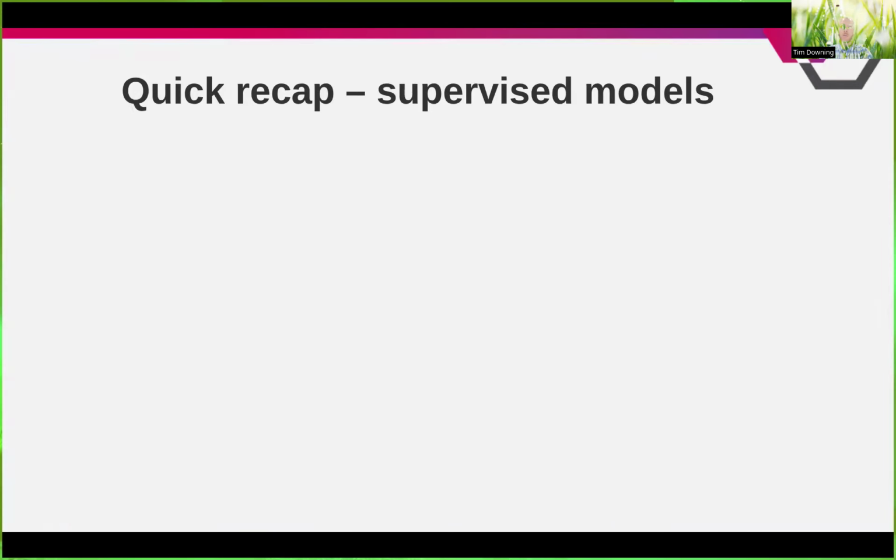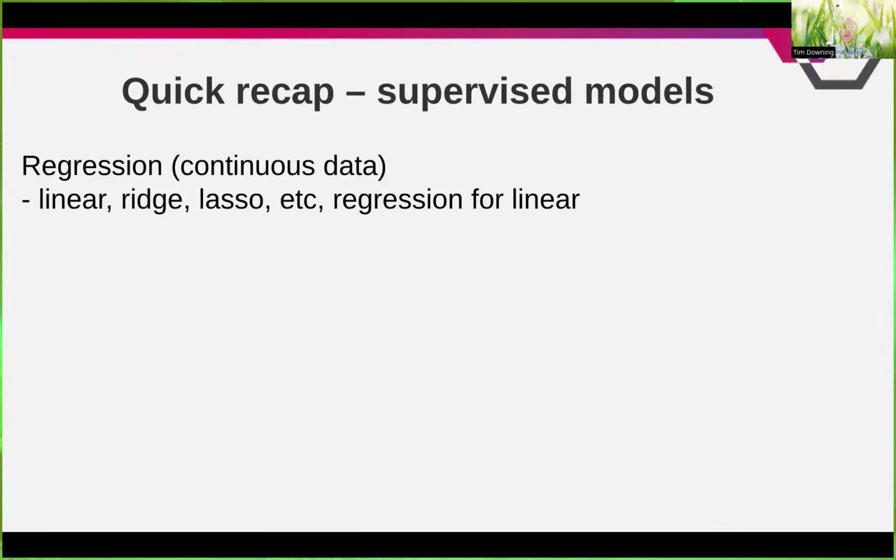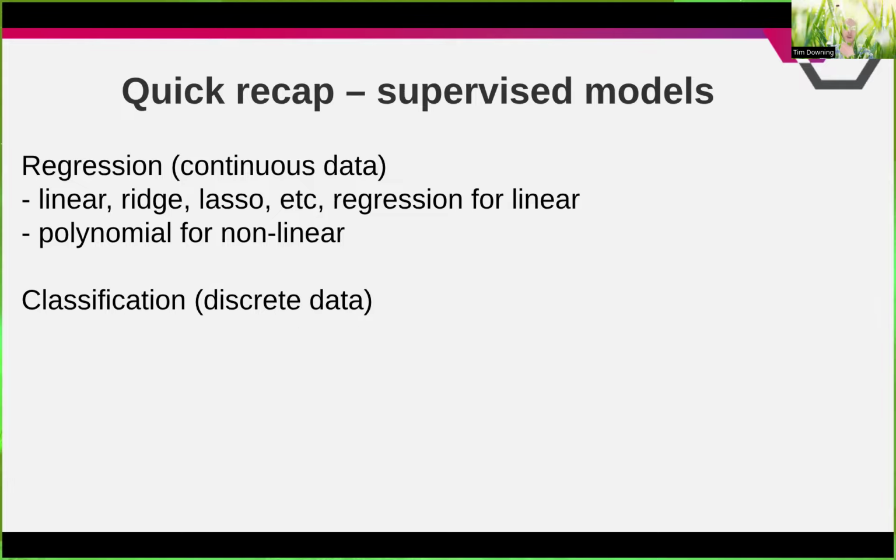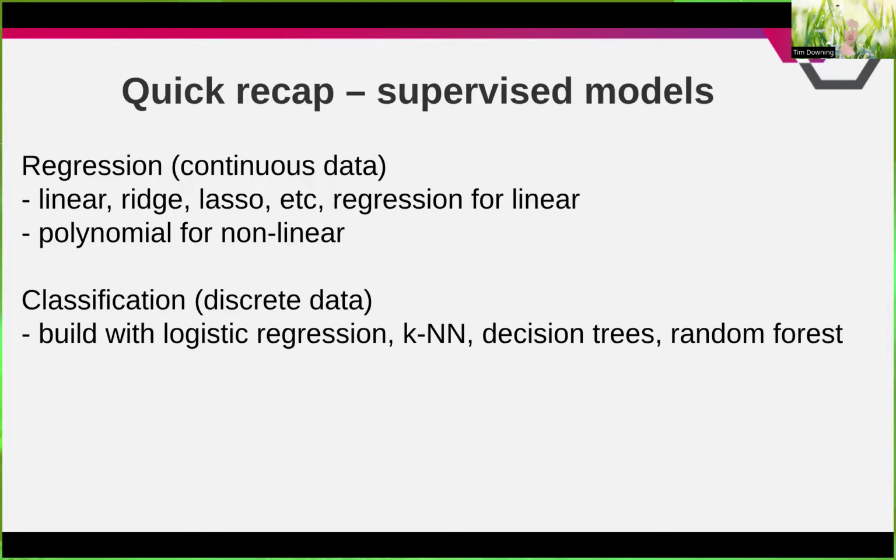So, what we're going to do now is a quick recap, briefly, on supervised models in AI. So we have regression models that deal with continuous data, and you've heard some of them before: linear models, ridge regression models, lasso regression. There's different options. There's also nonlinear models, such as polynomial ones or other ones. And these are different from models that handle discrete data, which is most associated with classification.